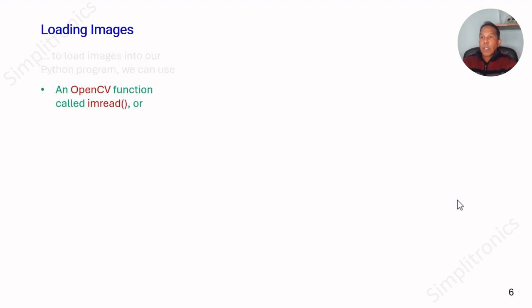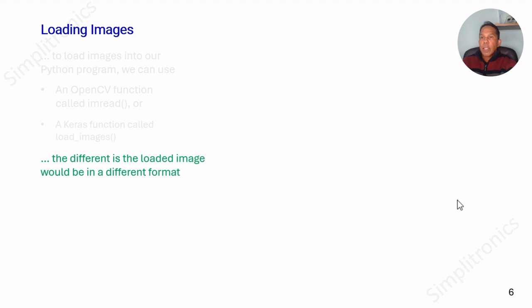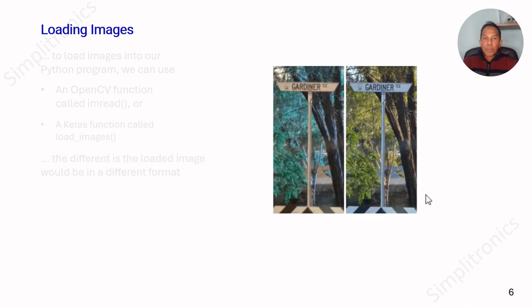To load images into our Python program, we can use an OpenCV function called imread or a Keras function called load_img. The difference is the loaded image would be in different formats. On the left side, the loaded image is in BGR format by OpenCV.